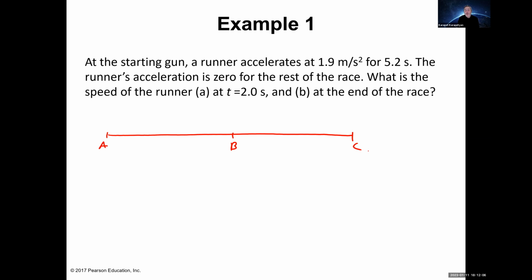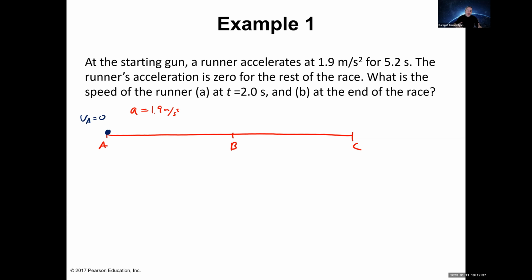All right. Now, from A to B, there is acceleration, which equals 1.9 meters per second squared. So our runner going from A to B basically accelerates. Let's say here's a runner, I'm going to make it a particle. The velocity at A is 0, because it starts from rest.